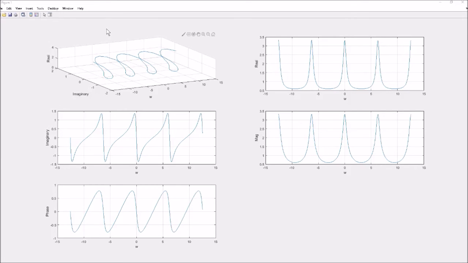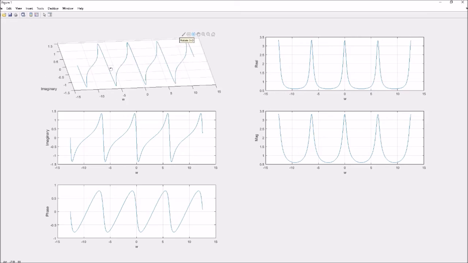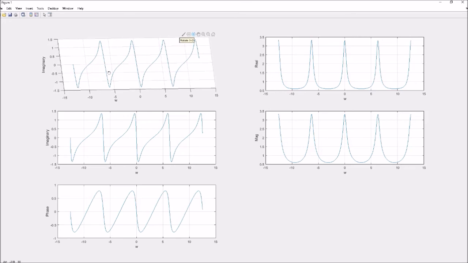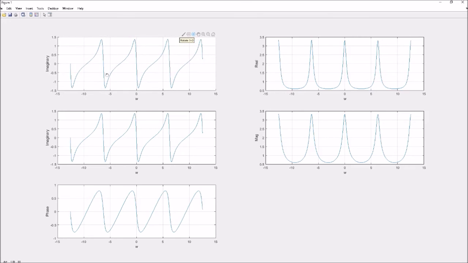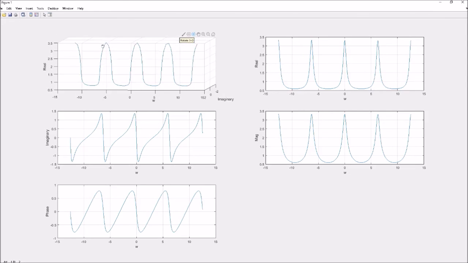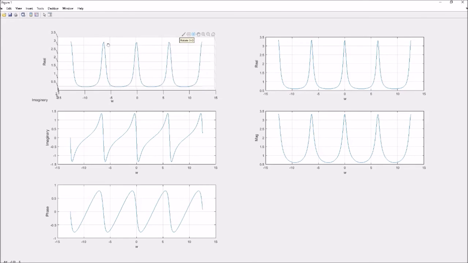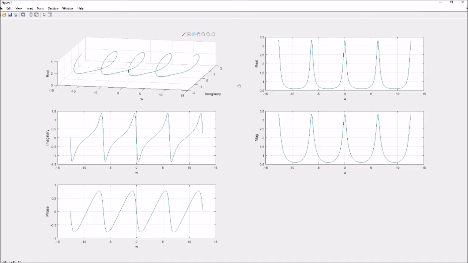So this is it actually in Matlab, so you can see here that we can take the 3-dimensional function, and if we turn it round we can produce the purely imaginary plot, and you can produce the purely real plot by turning it to the real axis. Okay, so that gives us the real and the imaginary, and then from the real and imaginary we can generate the magnitude.